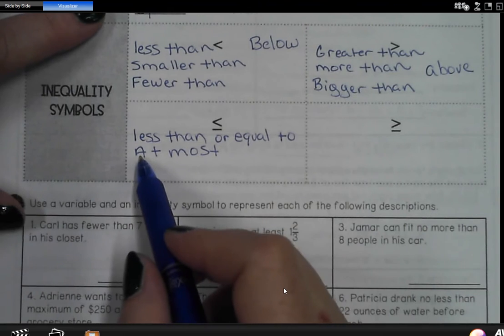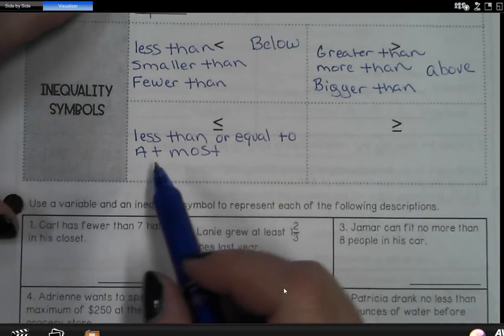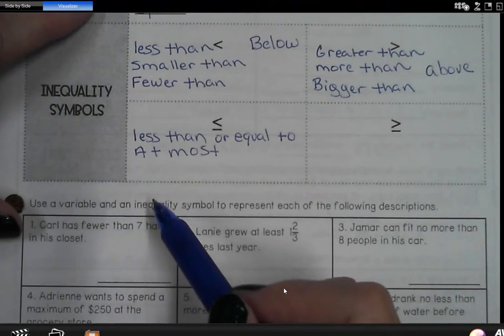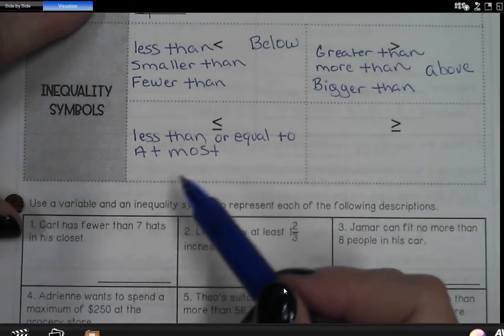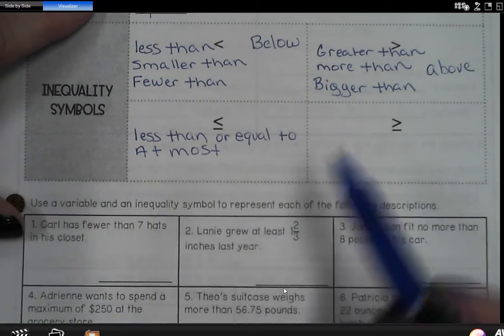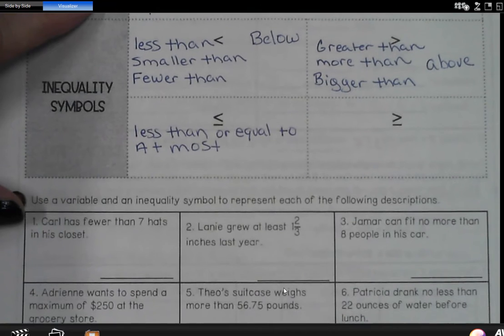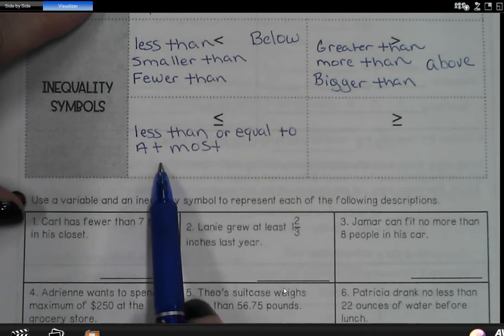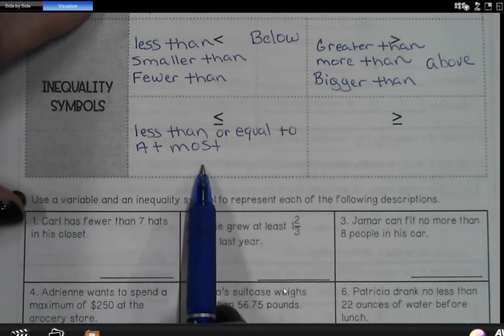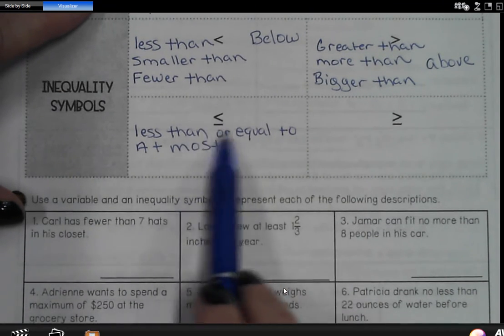But when you add the word at in front of it, it means it's less than. I have at most $10. Do I have more than $10? No. When I say I have at most $10, that means that I have $10 or less. So that's why it's a less than.